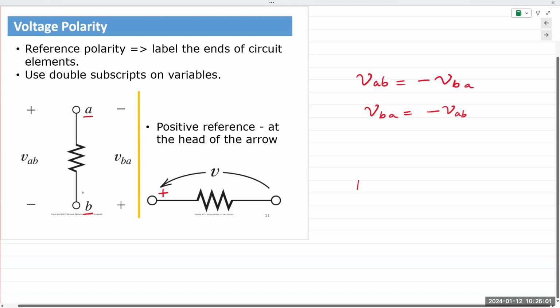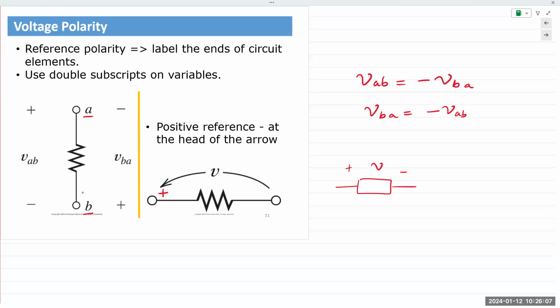So if you have an element, it would simply be noted plus minus like this with a voltage. If this is element A, you would simply say VA, voltage for element A, with a plus on the left and a minus on the right. That's how it's usually noted.